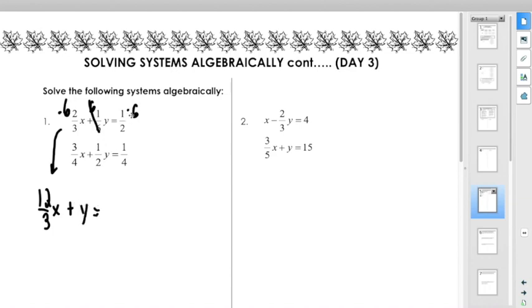equals, and then if you see here, 6 divided by 2 is just 3, right? It's just 1 times 6 over 2. So I'm going to just leave that so I can simplify it all. So it's really just 6 over 2. And now I can do this division if I want to. I can do 12 over 3 is 4x plus y equals 6 over 2, which is 3.